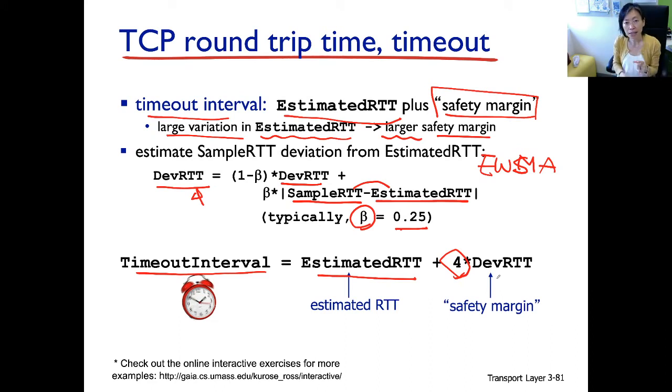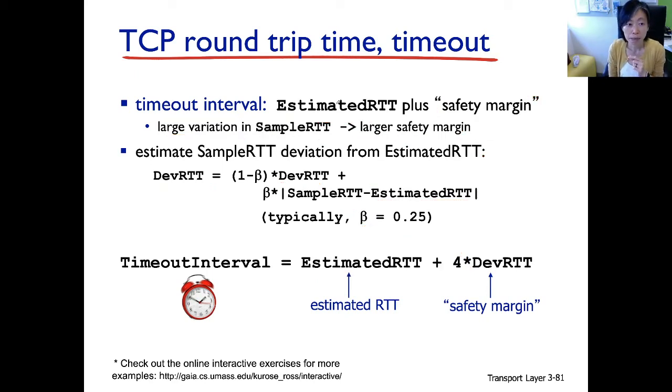TCP is setting the timeout interval such that it covers 99.9 something percent of the RTTs. So we are very safe. Using this timeout interval, only a very small portion of the timers will time out prematurely. That will save us a lot of what? Bandwidth for unnecessary retransmission.